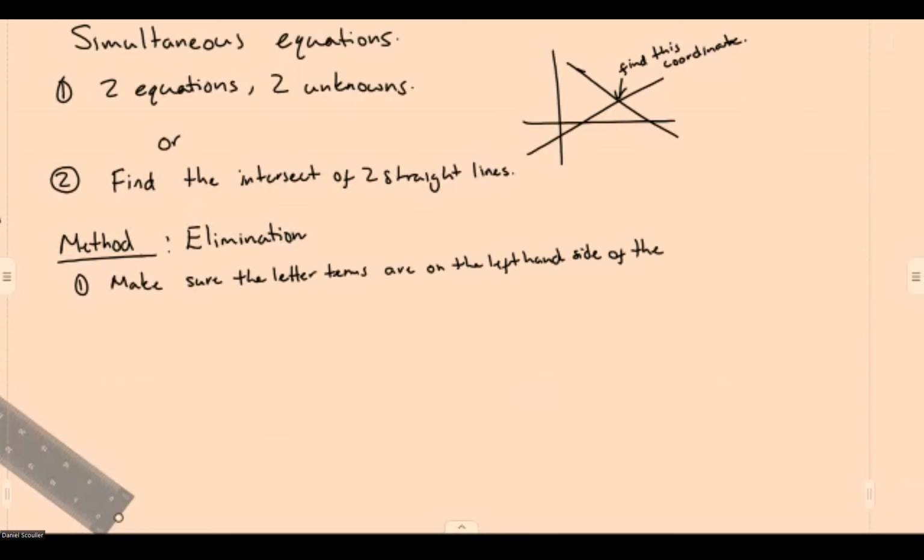So make sure that the letter terms are on the left-hand side of the equal sign. When we do examples, it will make sense. Say, 3x plus 2y equals 12.